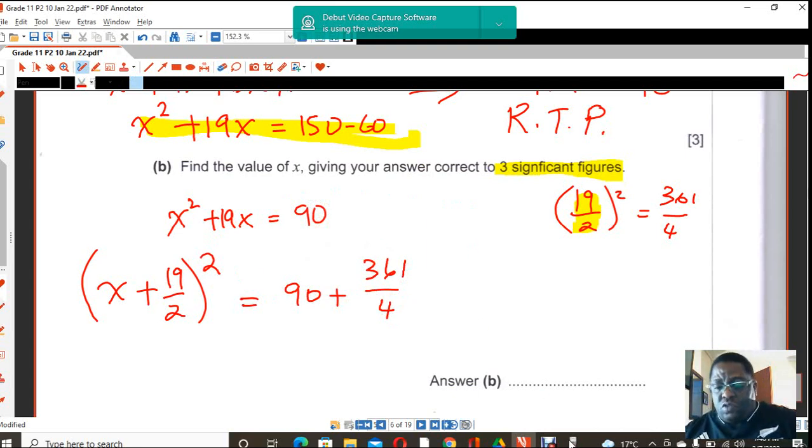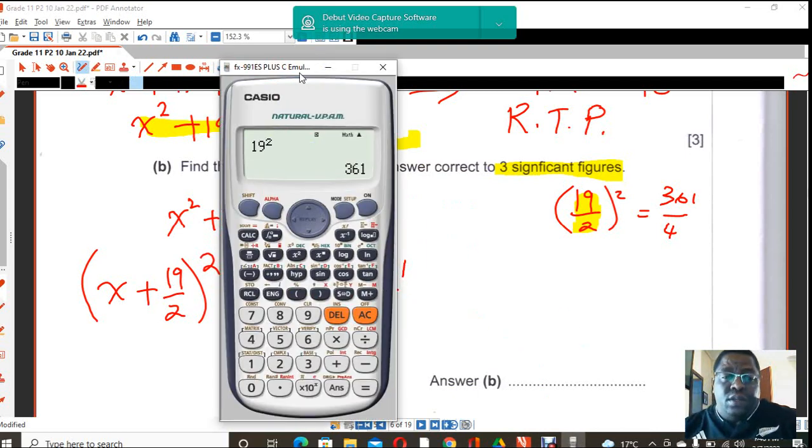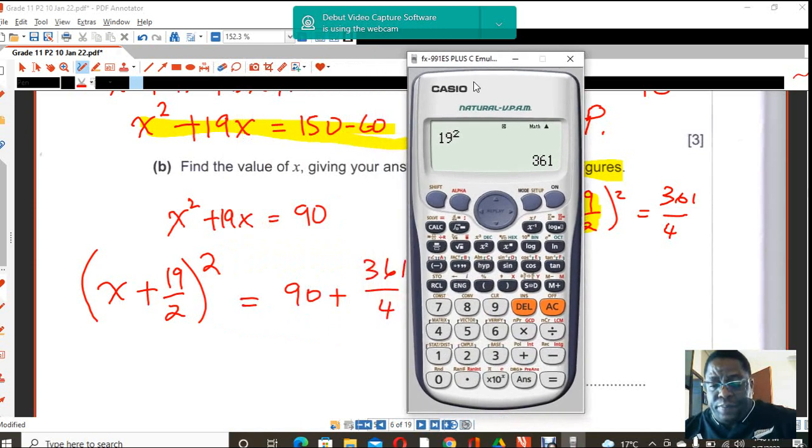So I'm using the completing the square method if you did not by now realize that. So we have 90 on the right plus 361 upon 4 gives you 721 over 4.